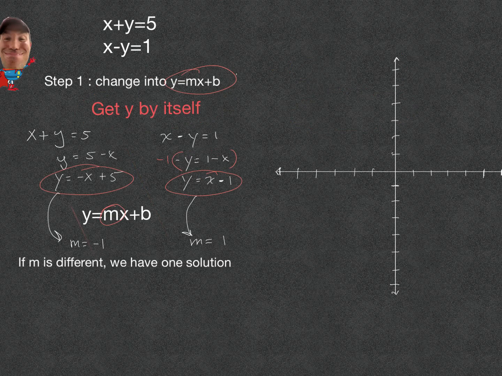The first one I'm going to graph is y equal to negative x plus 5. What do I start with? I start with the plus 5, the y-intercept. So 1, 2, 3, 4, 5 right there, and that gives me the point (0, 5). That's the b. Now I'm going to use the slope. The slope is negative 1.